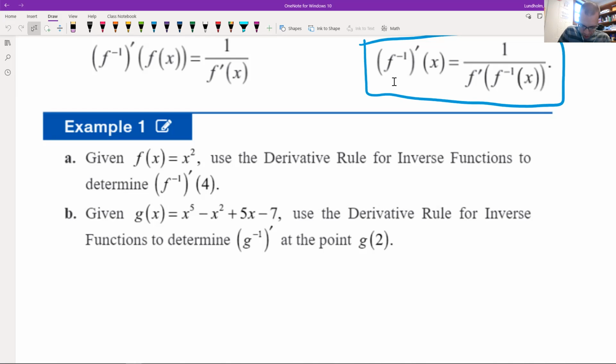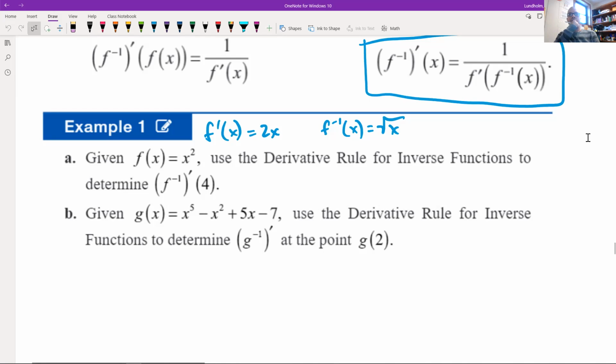So one thing that we'll want to know is the derivative of f, which is just 2x. We'll also want to know the inverse of f, which if f is x squared, the inverse is the square root of x, at least for that part of the domain. And since we're putting in a positive x value, it makes sense to use this version.